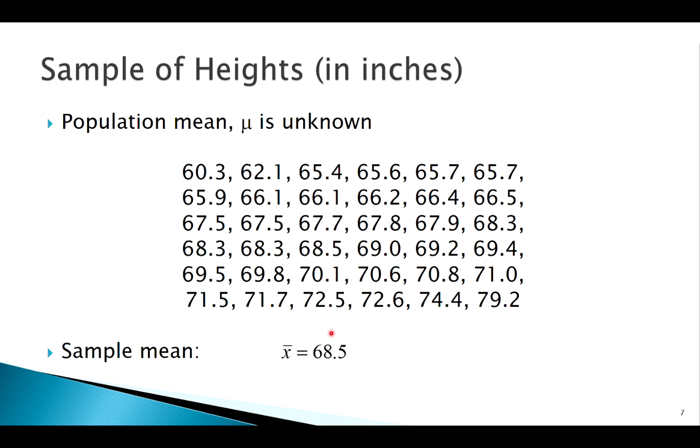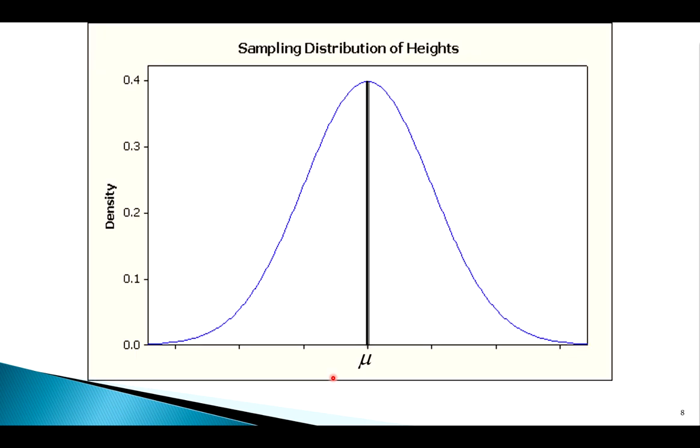Now, that 68.5 should be, in most cases, a pretty accurate estimate of mu, but it may not be perfect. So theoretically, the sampling distribution of x bar looks like this. It's normal, centered at mu, with a standard error of sigma over root n, sigma here being 3 and n being 36.